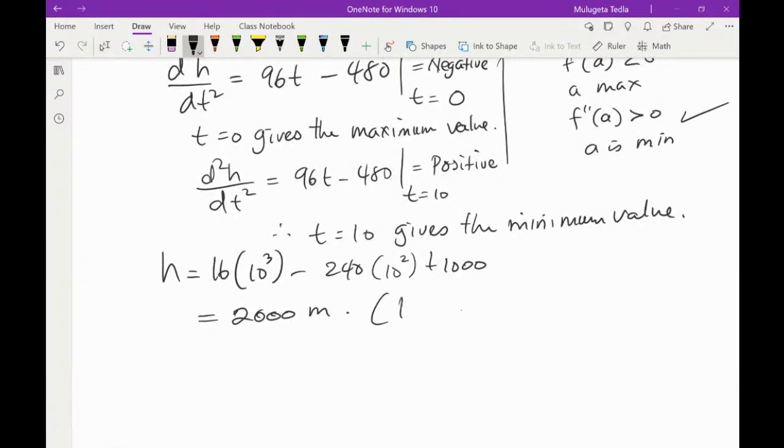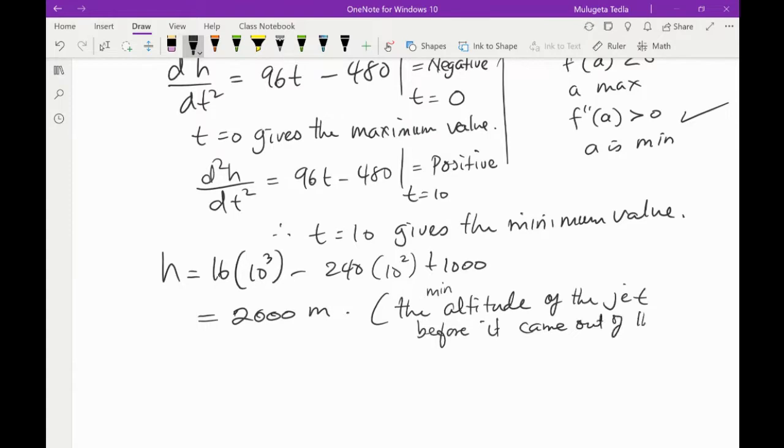This is the minimum altitude of the jet before it came out of the dive.